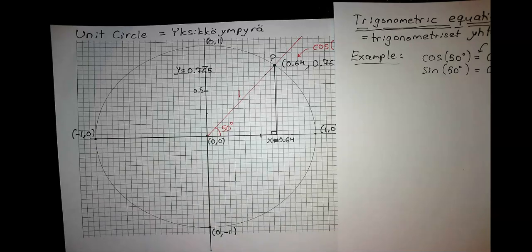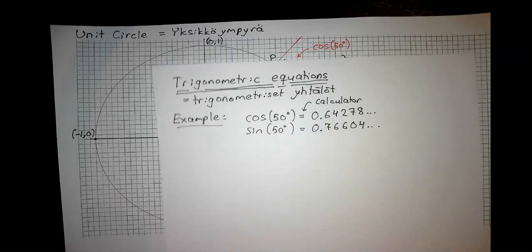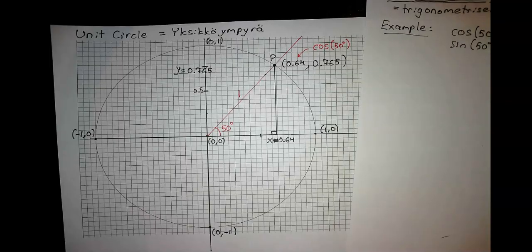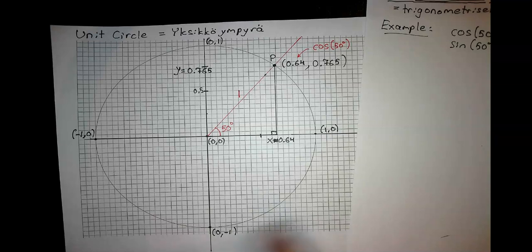This is not the only reason why I showed this unit circle. We will see later when we are going to these trigonometric equations, then we may use this unit circle also there. You don't need to draw that unit circle so exactly or with this accuracy.